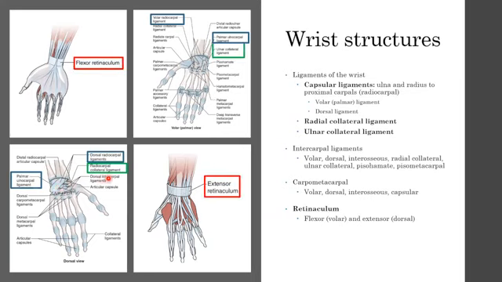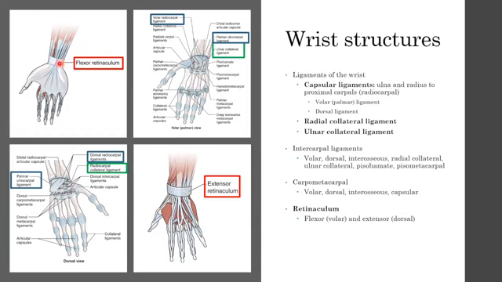And then another important thing here to consider specifically is what we call our retinaculum. Another word that you'll see here is the transverse carpal ligament. And it's located not only on the anterior side, we also have it on the posterior side as well.